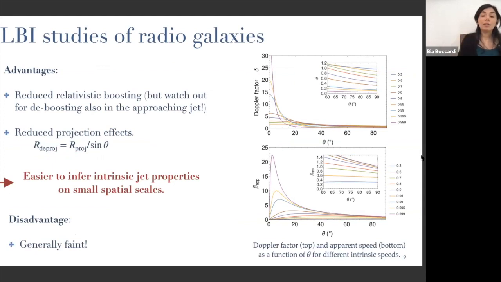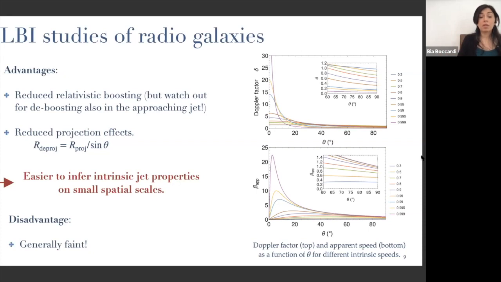The main advantage, especially if we aim at studying the formation of jets, is that we can much more easily infer the intrinsic properties of radio galaxies with respect to blazars.